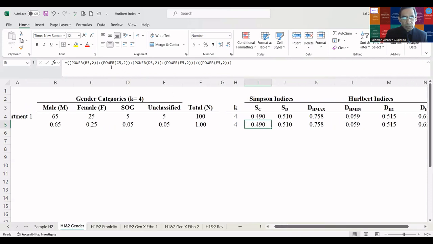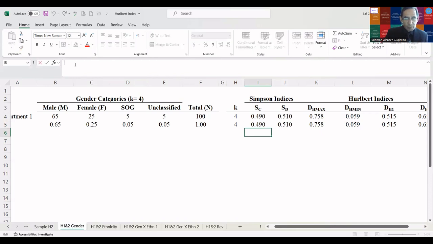And here, as you see in the formula, consistent with the previous episodes, I use the power function. You can also just square the numbers very quickly. Let me just put equals. So in I6, in order to square a number, it's going to be equals parentheses 0.65. This is B5 times B5.